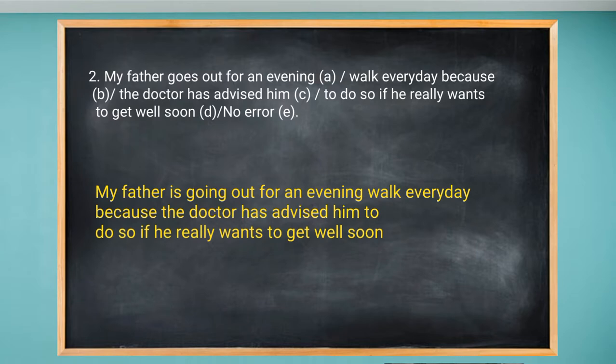But remember, in case of advice or suggestion, it is used in present continuous. So use going out in place of goes out. Now the right sentence is here. My father is going out for an evening walk every day because the doctor has advised him to do so if he really wants to get well soon.